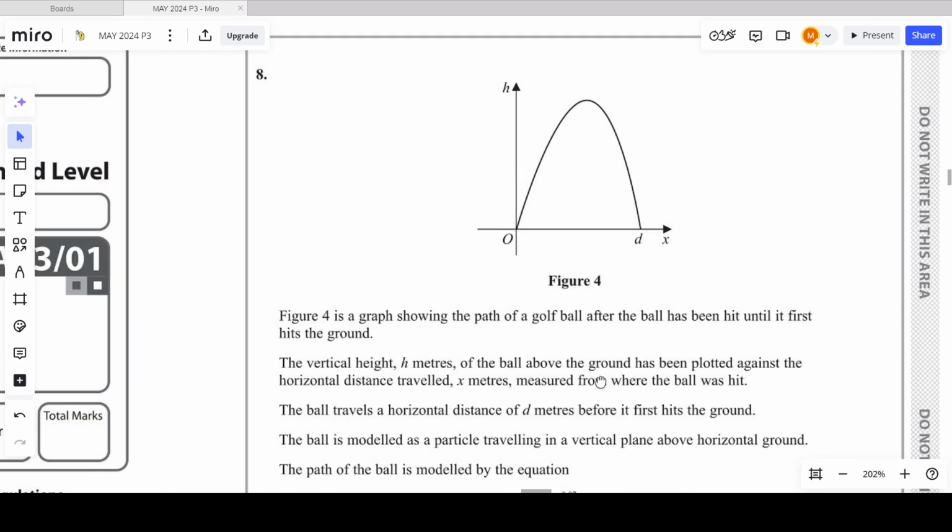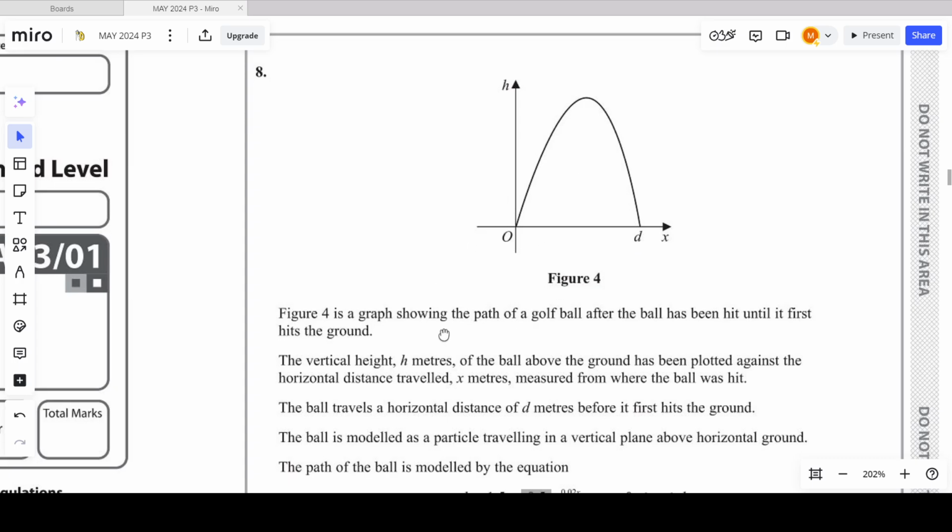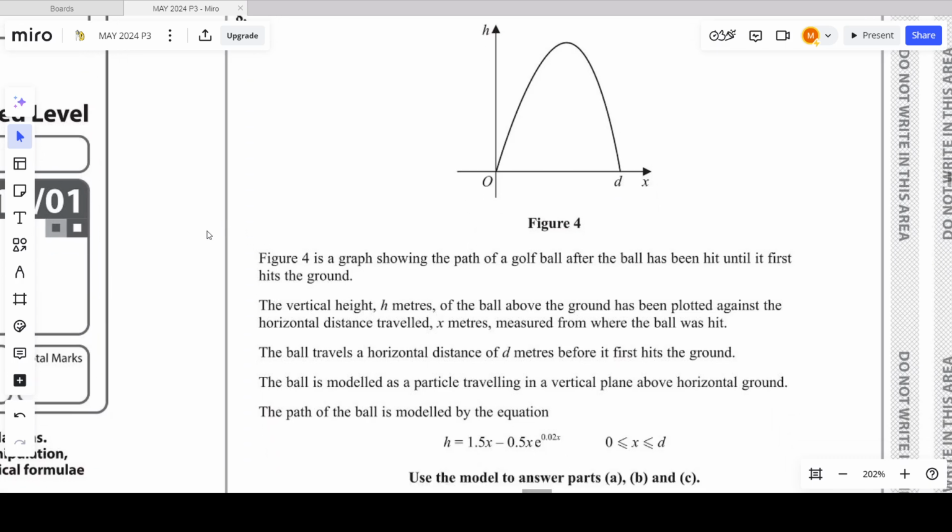Before starting part A, you can see figure number 4 of this paper. There is a curve given. Figure 4 is a graph showing the path of a golf ball after the ball has been hit until it first hits the ground. The vertical height h meters of the ball above the ground has been plotted against the horizontal distance traveled x meters measured from where the ball was hit.